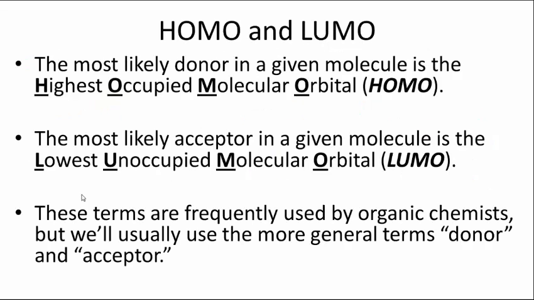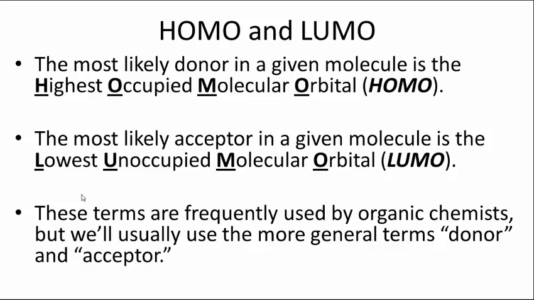The language that's often used here, I think it's important to introduce. The highest occupied molecular orbital, so whatever molecular orbital is highest in energy in the molecule, we call the HOMO, and that's going to be the most likely donor. It's not the only possible donor in a molecule, but it's the most likely one. And then the most likely acceptor would be what we call the LUMO, the lowest unoccupied molecular orbital.